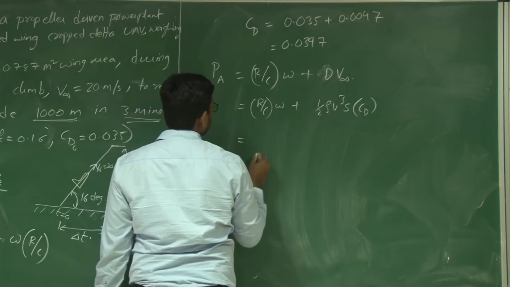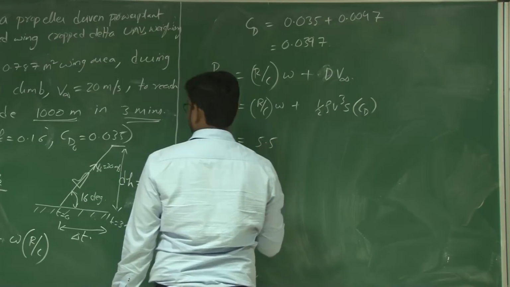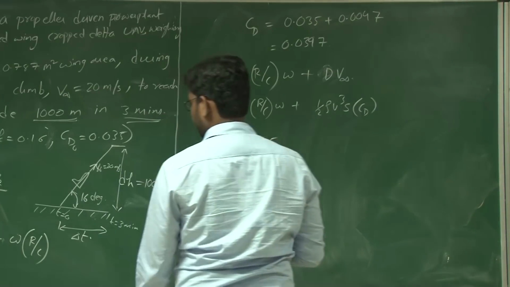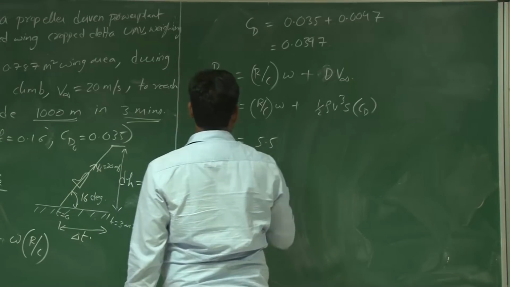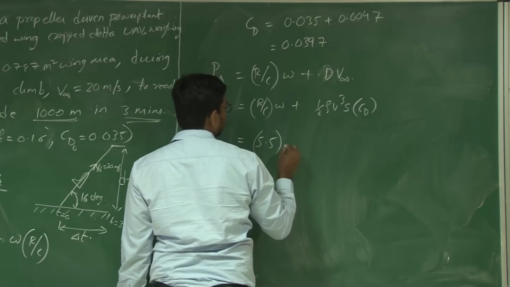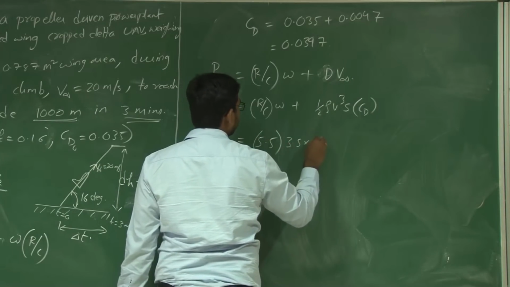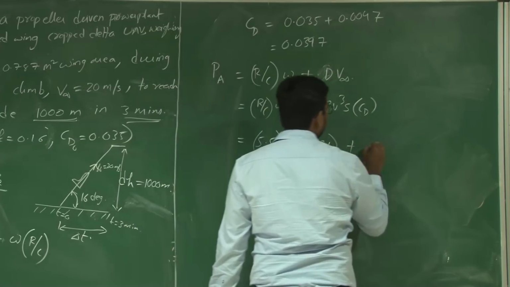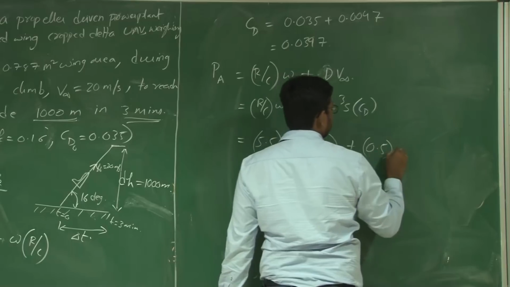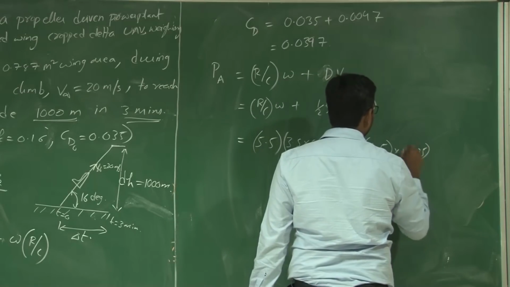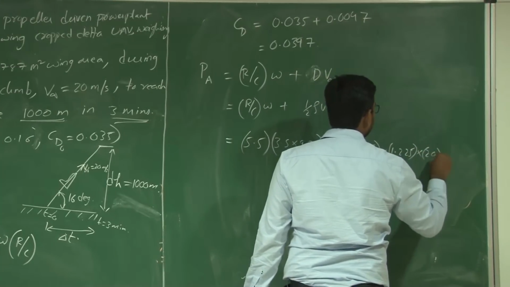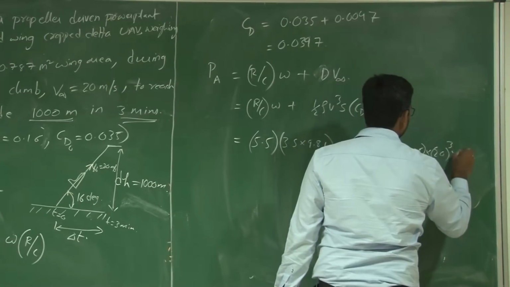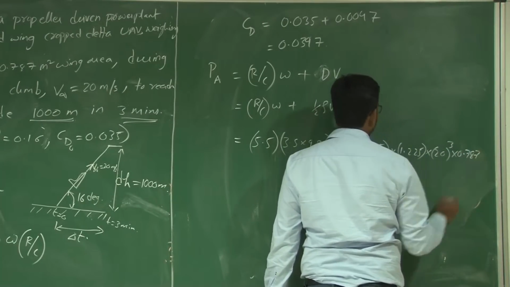So what is rate of climb here? 5.5 meters per second. That's a vertical velocity, into 3.5 into 9.81 plus 0.5 into 1.225 into 20 cube into 0.787.